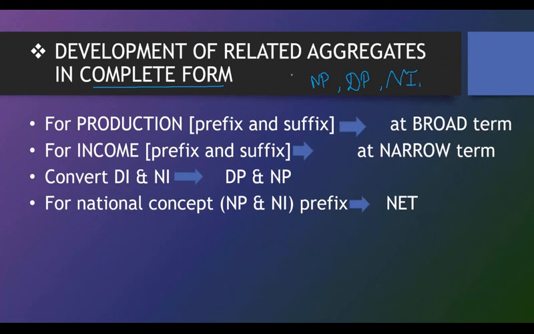In this slide we'll understand how to find out which related aggregate it is. For that, we need to understand that for every related aggregate we have three family members. The first will be either G or N. The other family member will be either DP or NP.